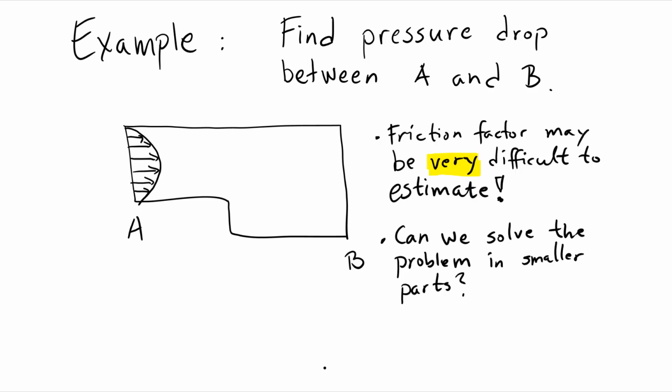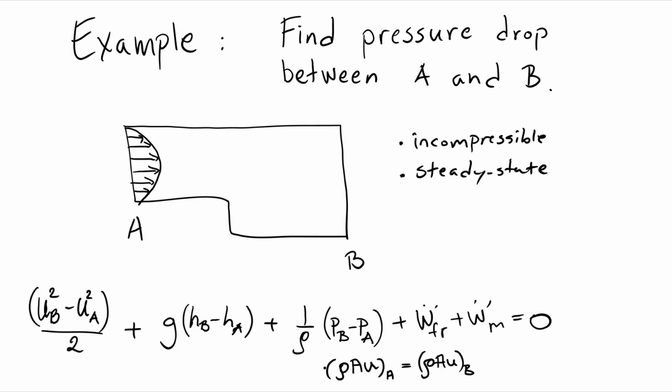So if the purpose is to find the pressure drop between the inlet and outlet, then we need the friction factor in the Bernoulli equation. So let's look at that. All these terms are of course divided by the mass flow of the system, but anyhow they represent the kinetic energy, this is the potential energy, this is the pressure energy term, and this is the energy losses due to friction and energy due to work done by the system.